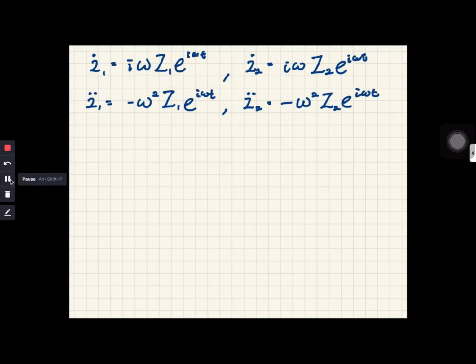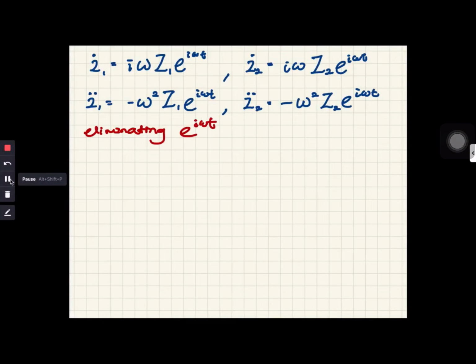Okay, so using these two equations, we eliminate the exponential term.